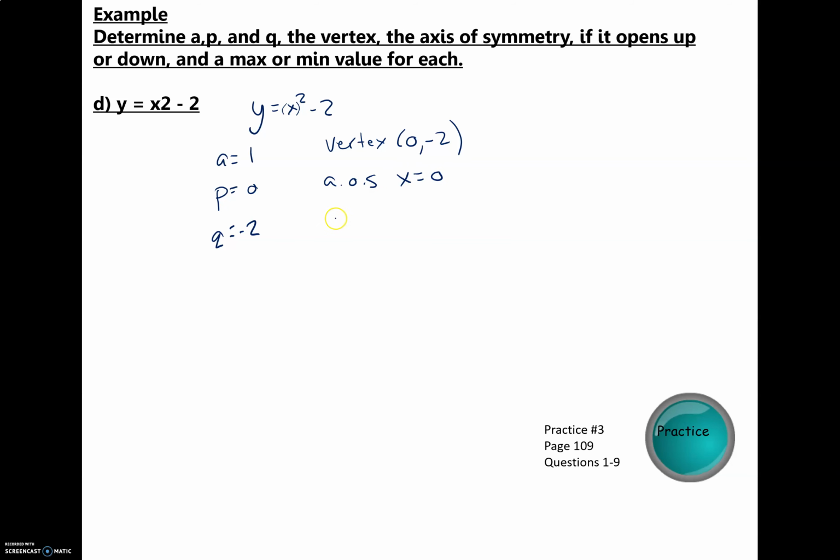I have a graph that opens up because the a value is positive. I have a minimum, the vertex is at the bottom, at negative 2. Now the a value is 1. This graph is normal. For practice number 3, questions 1 to 9.